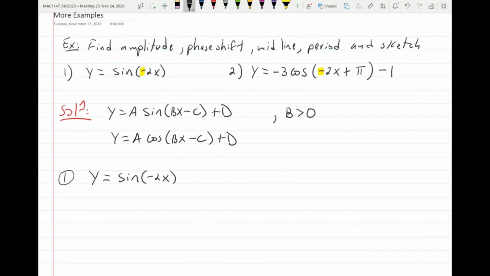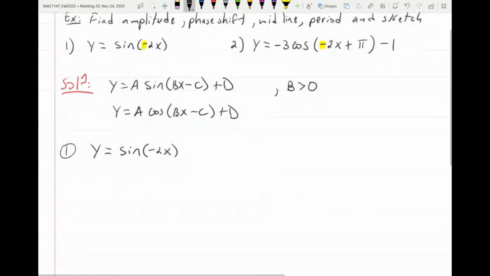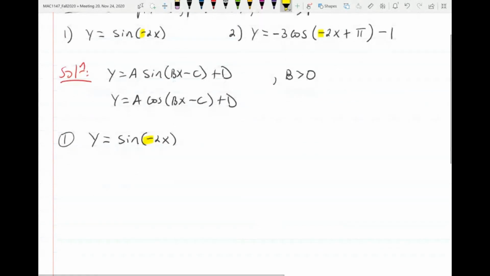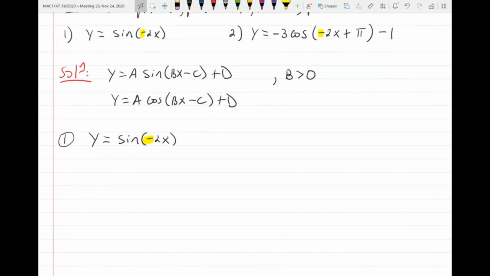So the first thing is that we need to write this in standard form, and we need to, of course, get rid of this minus that is in here because the standard form assumes that b, the coefficient of x, is positive. So how do we do this? Remember, we're going to use the symmetry of the sine. What do we know about the sine function? The sine function is an odd function, so that means you can take the negative out. So this becomes minus sine of 2x.